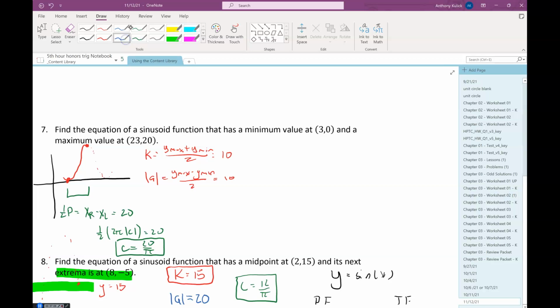Last up, we have to find our h and then pick our function, figuring out whether a is positive or negative. This one I would use sine or cosine. I would use some maximum and minimum. I would use cosine. Yep, that's what I want to use. So the parent function is (0, 1), and it's a maximum. For my transformed function, I can either use (3, 0) or (23, 20).